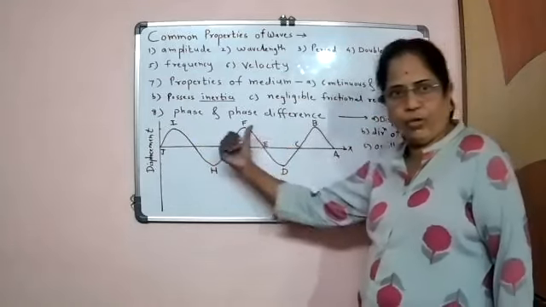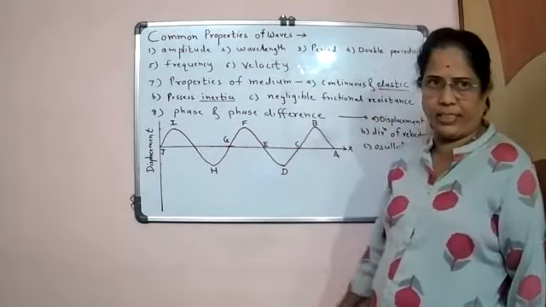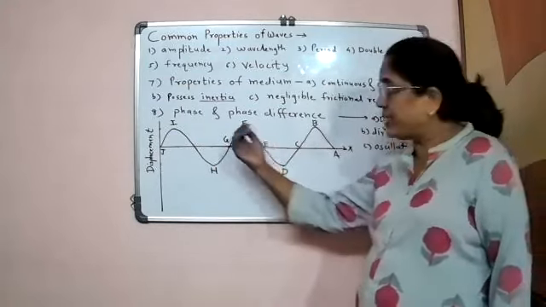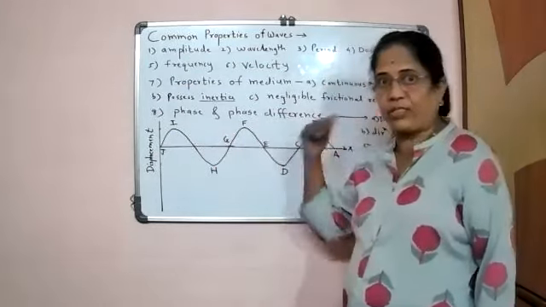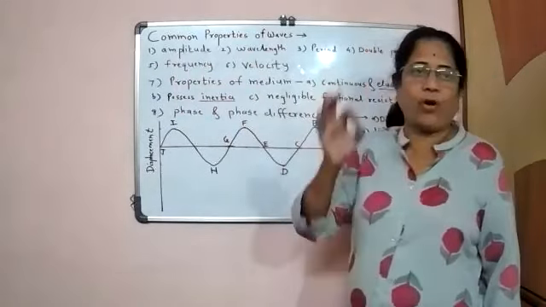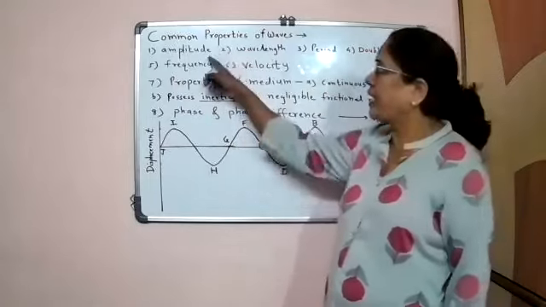This is how the wave propagates. The wave is traveling in the forward direction. And the first common property of the wave is amplitude.